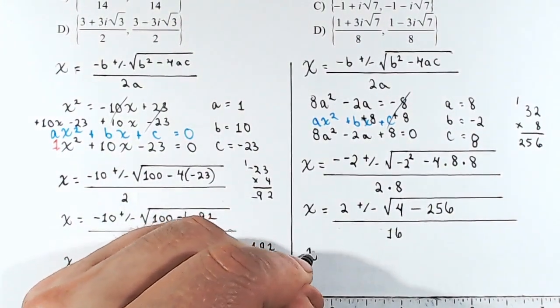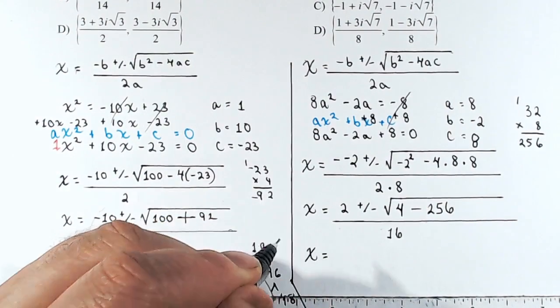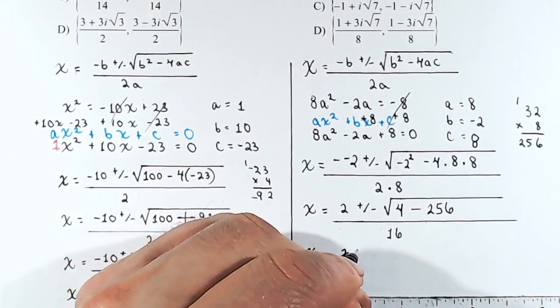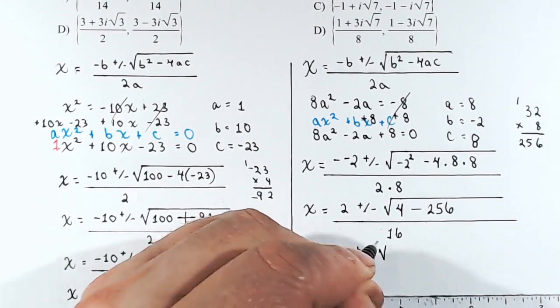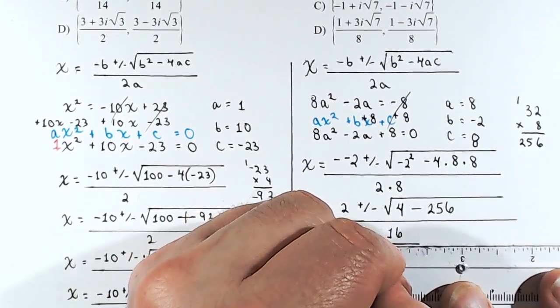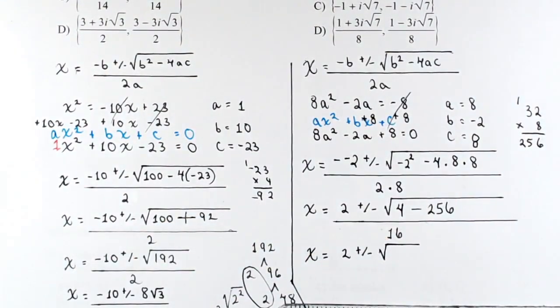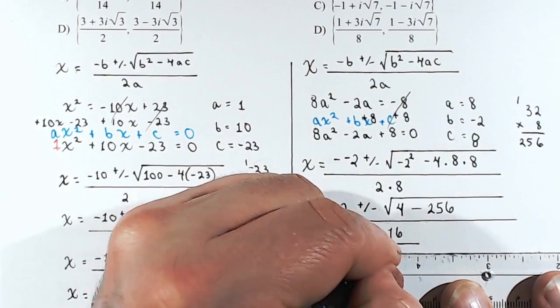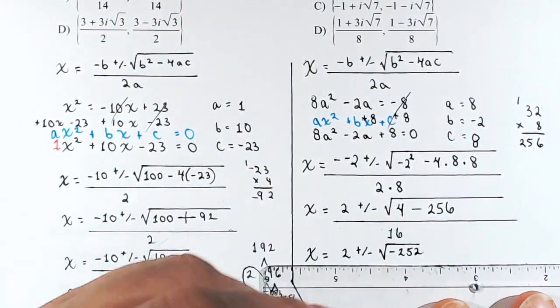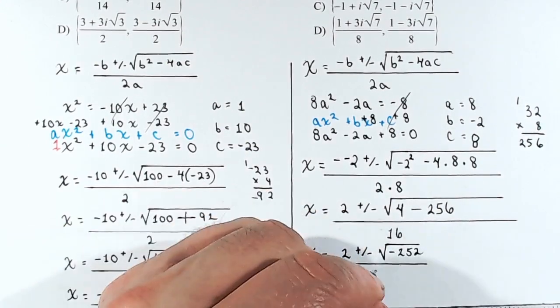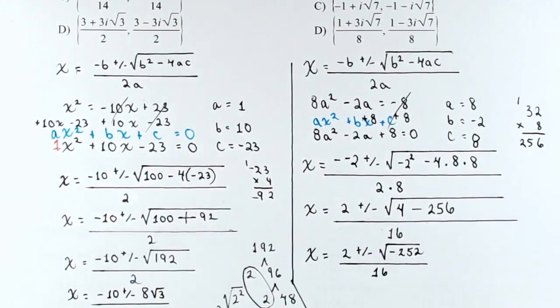So now x equals 2 plus or minus the square root of, now 256 minus 4 is 252, and it's negative, so it's negative 252, all over 16. So we know we're going to have imaginary roots.